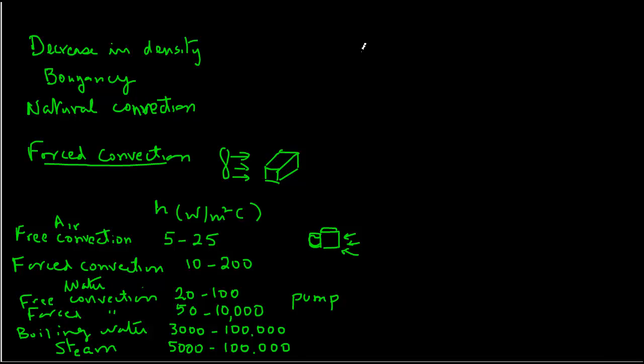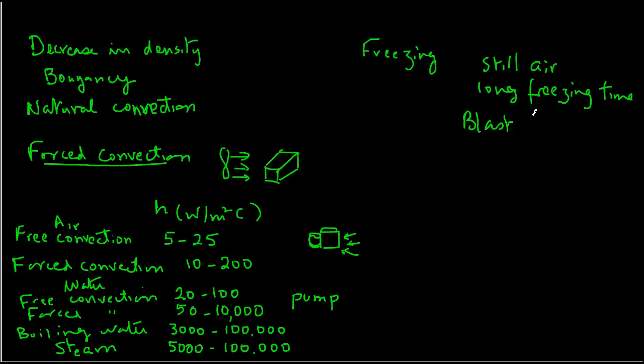For example, if you wanted to freeze something, if you just place that product in an environment where there is no movement of air, then the freezing time will be much, much longer. On the other hand, if you use an air blast freezer, where you have some type of fan or blowers blowing air past that product that is being frozen, you can accomplish freezing in a much more rapid manner.